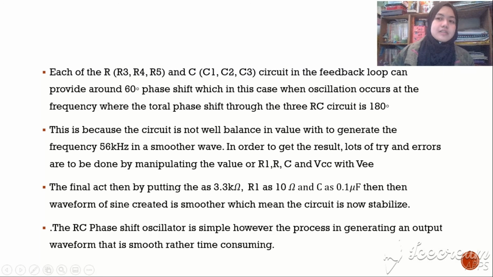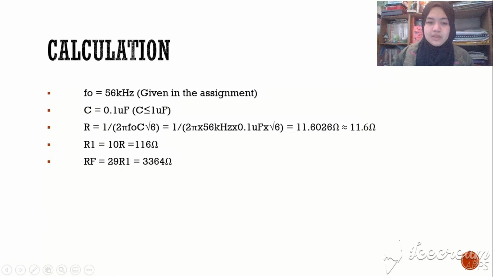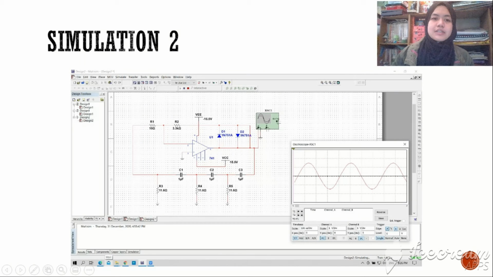Okay. The third point is we put values like 3.3 kilo ohm in Rf, R1 as 10 ohm, and C as 0.1 microfarad, which you can see in the simulation too, gives a much smoother waveform.